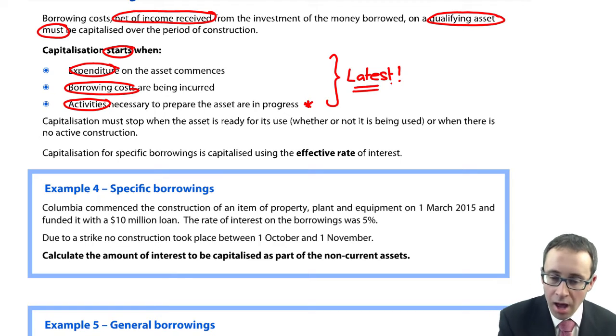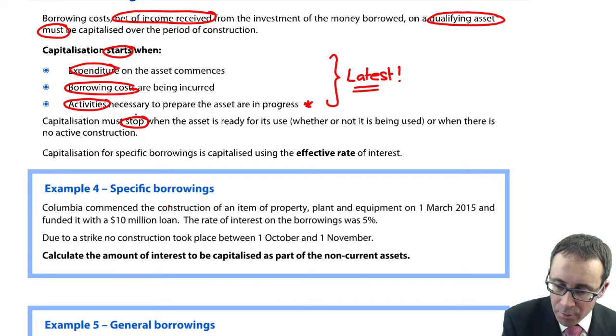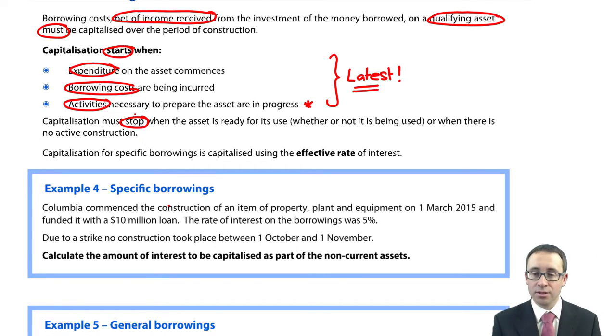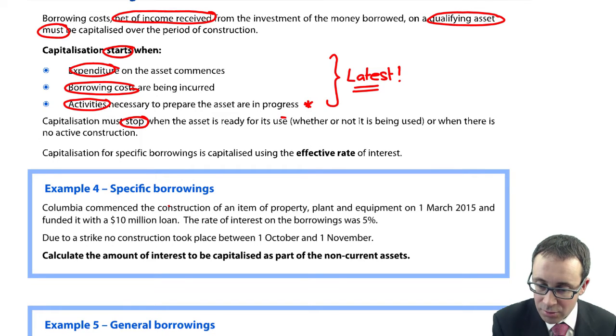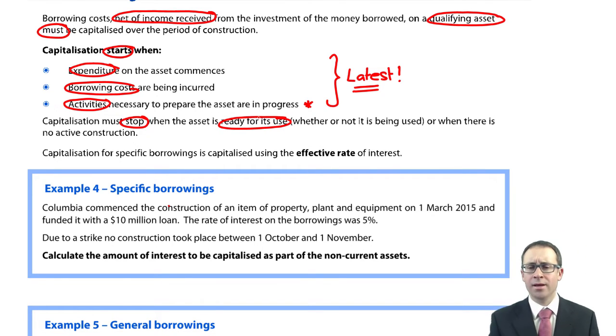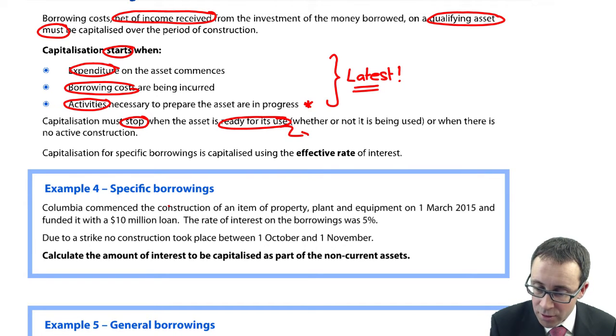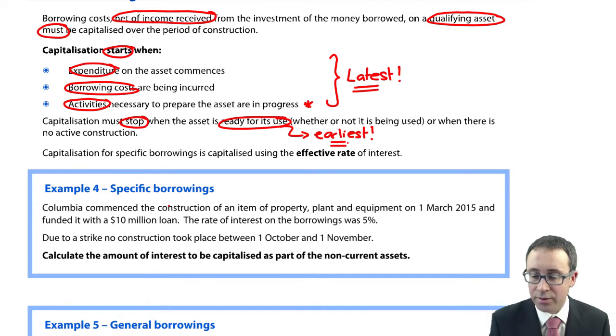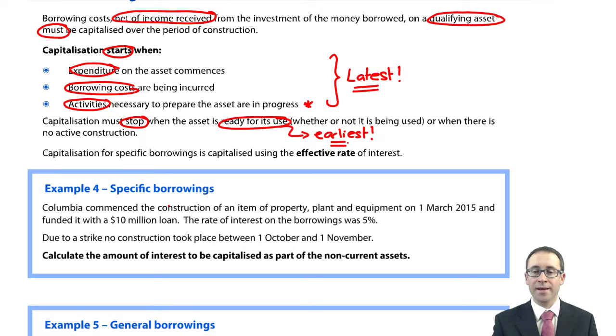We then stop the capitalization when it is ready for use. Again, that tends to be the earliest date, so again erring on the side of prudence. We look at when it is ready for use as opposed to being used, because when it's ready for use, that's when the activities are likely to have stopped, isn't it?